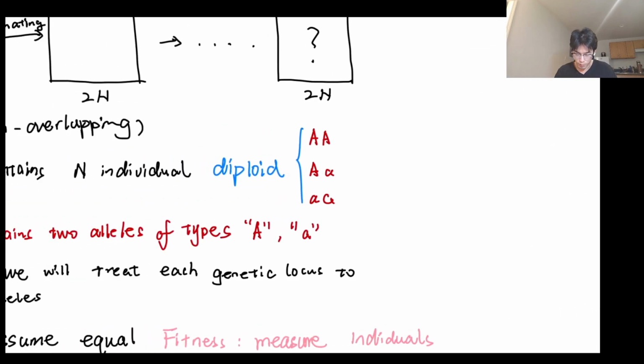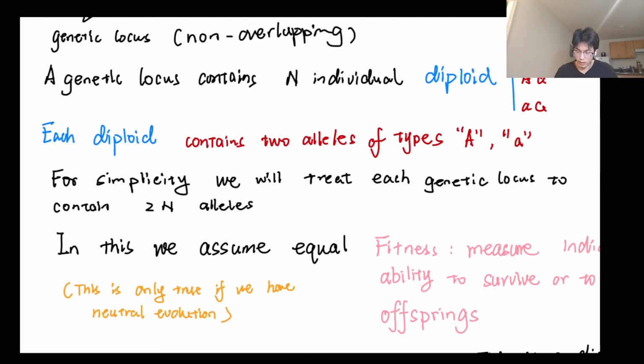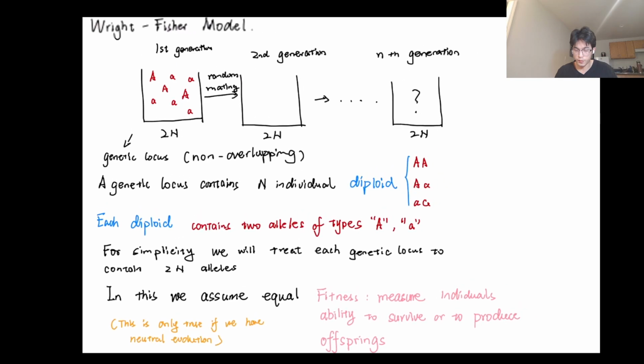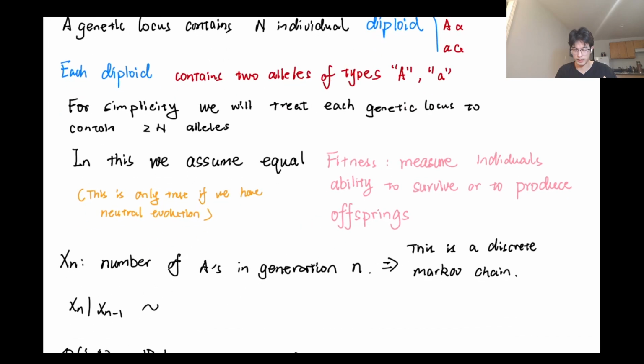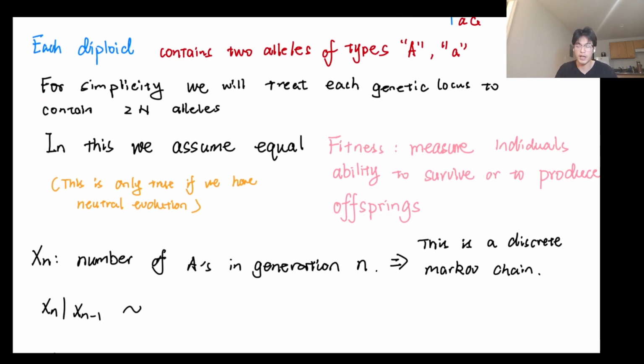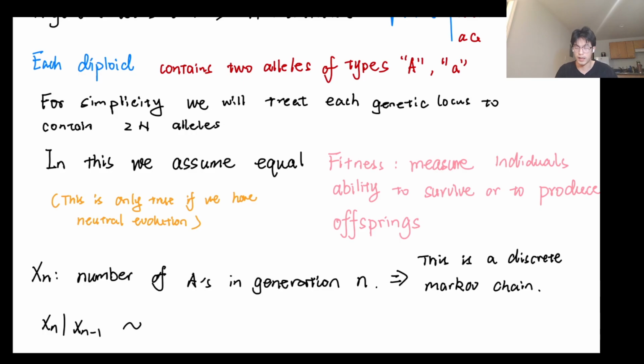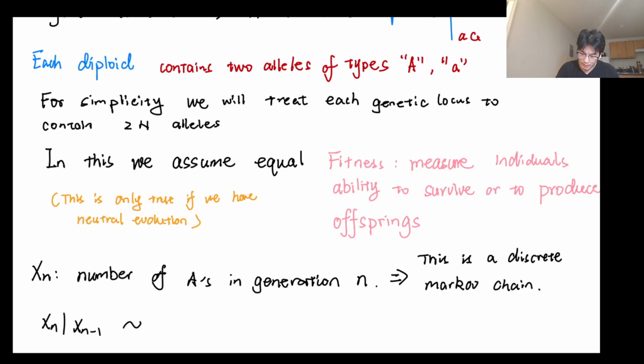So, you can see that if you're familiar with the Wright-Fisher model, or if you're familiar with a Markov chain, you can clearly see that this can be formulated. Let's say we have two types of alleles, right? Big A and small A. Let xn denote the number of big A's in generation n.